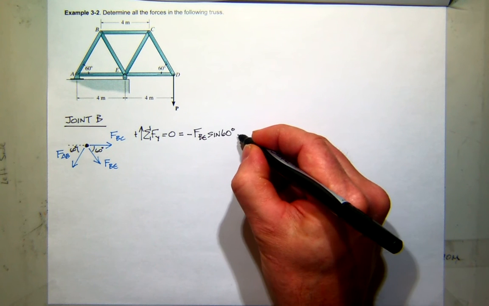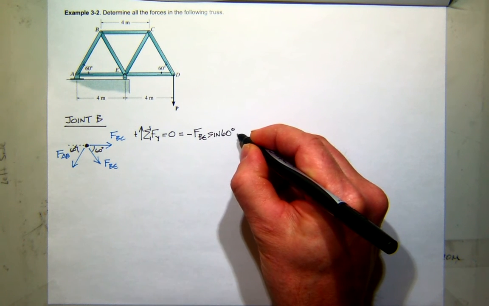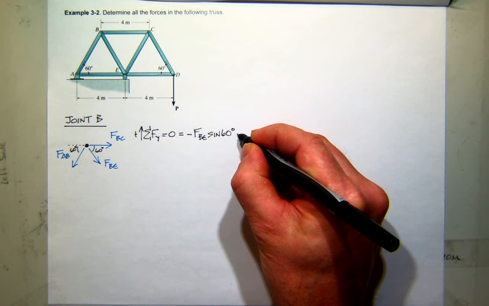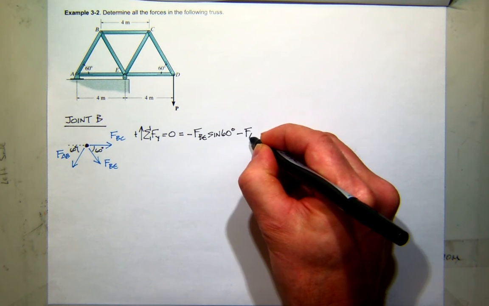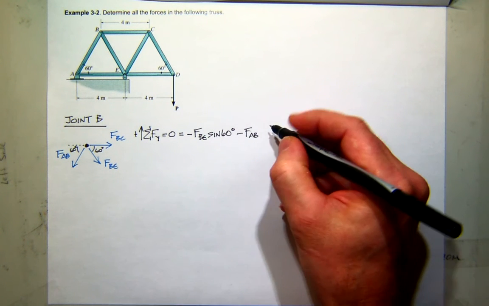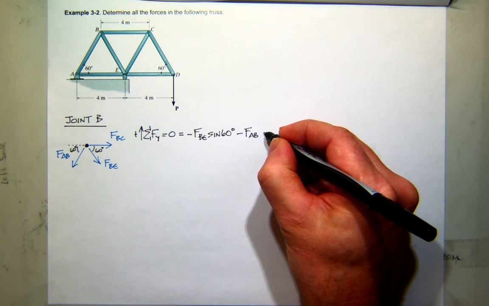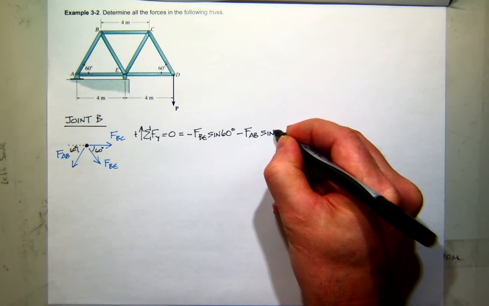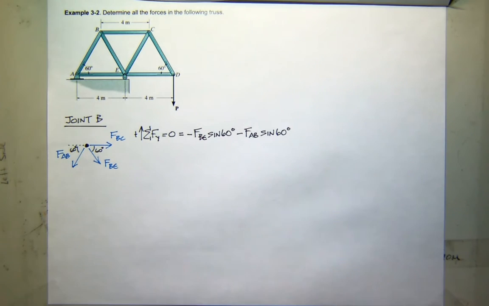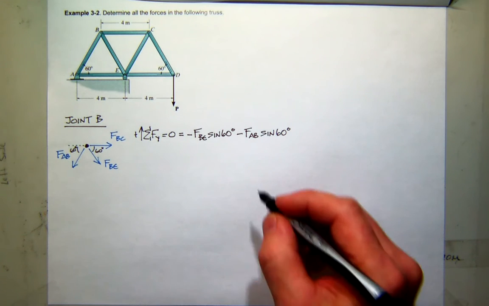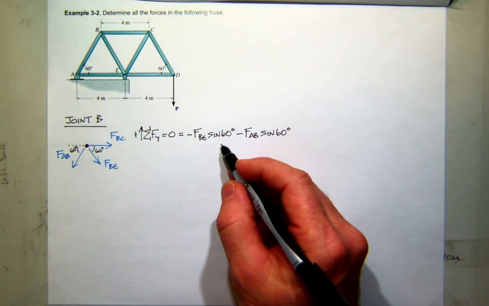It's going to be positive. But no, it's negative at this point. Okay, so negative FAB, and what component is it? It would be the sine as well. Is that it? Well, that's not so bad. The sine 60s cancel, right?